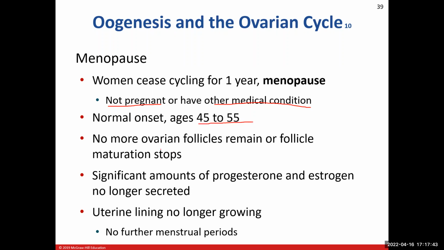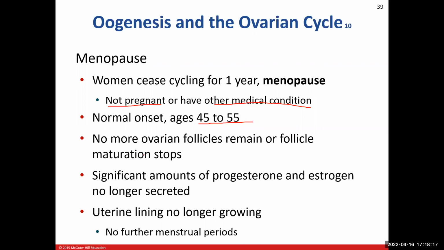At that point, remember, when you begin puberty, we start off with 1.5 million oocytes, or oogonia, in the developing fetus. And then what will happen is they will undergo what we call atresia, and you'll lose a majority of them, about 2/3, and you wind up with about 400,000 viable primary oocytes.